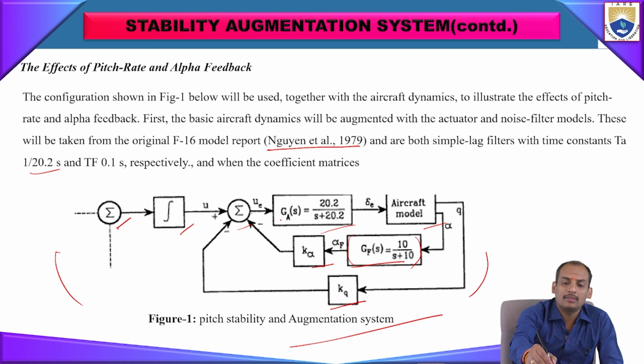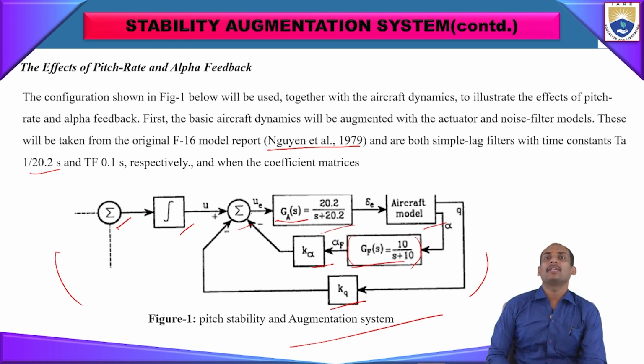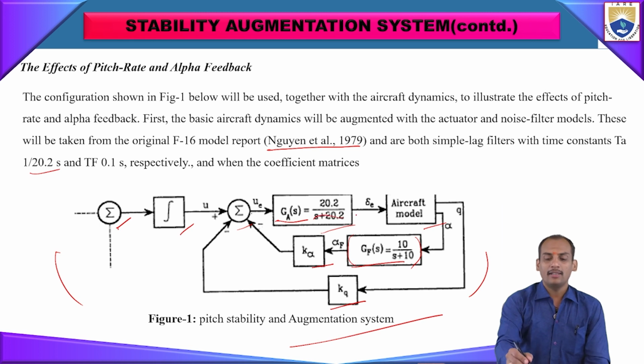GA and GR we have already given, like the aileron and elevator transfer functions. Here it is pitch rate, so we only get the elevator transfer function here. That elevator transfer function is given here, and the filter transfer function is given here.